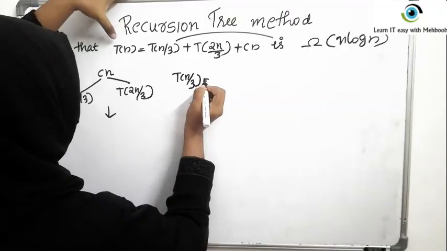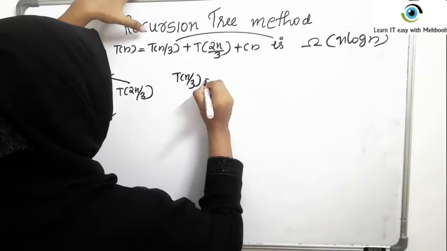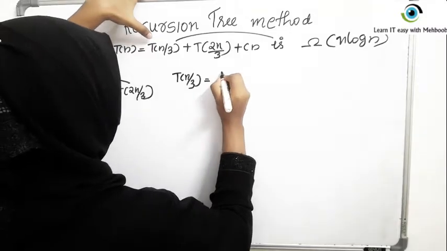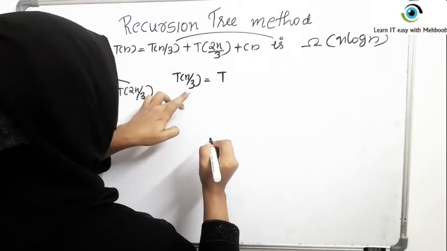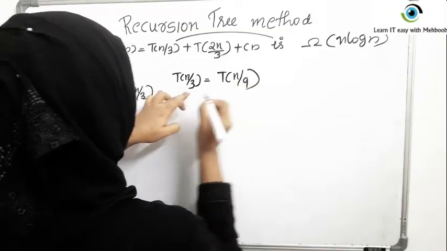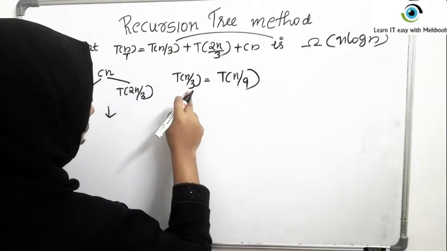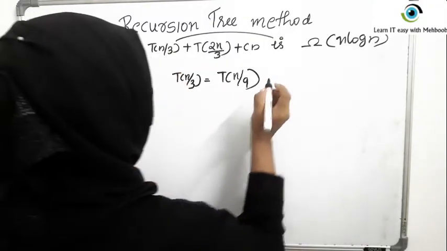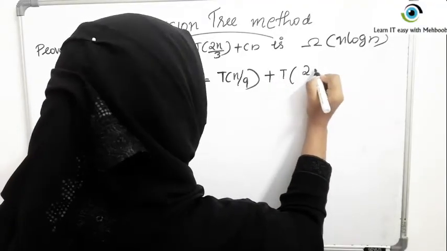So going by this equation, T of n by 3 is T of n by 3. That is, if it is n, this is n by 3. So if it is n by 3, that will be definitely T of n by 9, isn't it? Because when it is 1, this is 3. When it is 3, that should be 9. Plus T of 2, which is a constant.